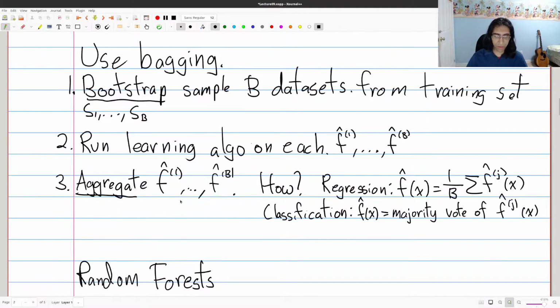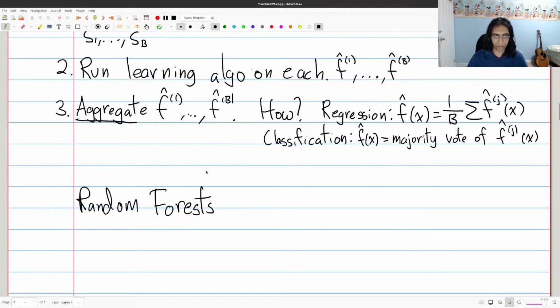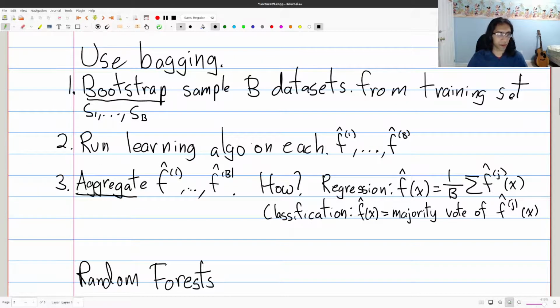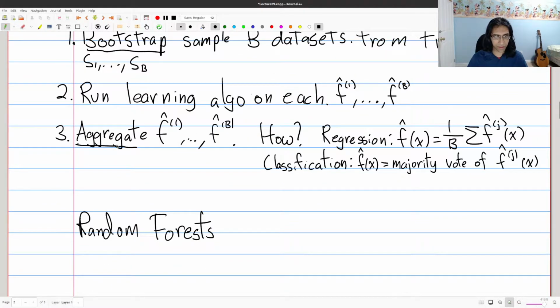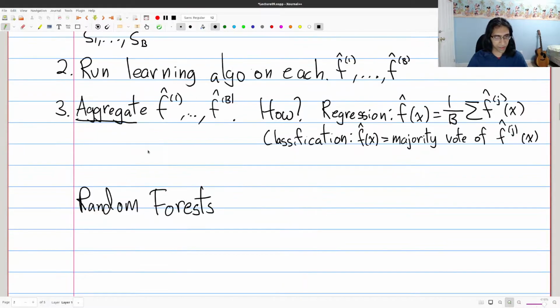Good. Let's talk about the last extension of bagging that we're going to mention, which is that of random forests. So random forests are almost exactly what we saw here, but there are certain issues with it in certain cases. The way I'll describe it is like bagging, but minus correlations.